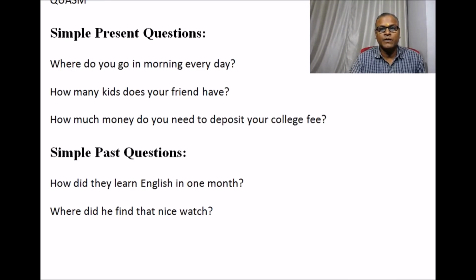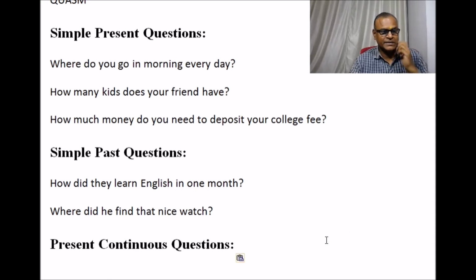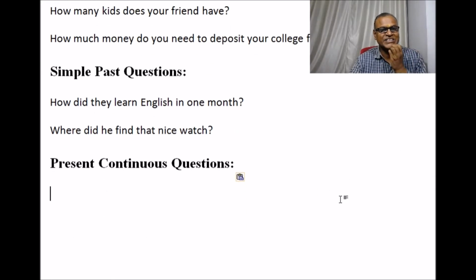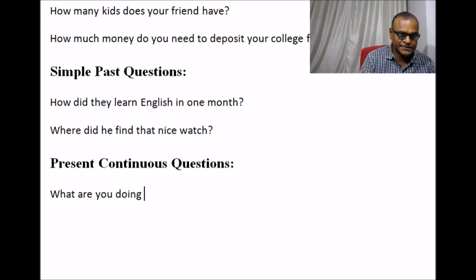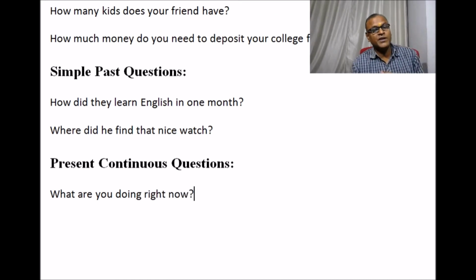Now you can make questions in present continuous, like what. SMR are the auxiliary verbs here. So what are you doing right now? What are you doing right now? आप क्या कर रहे हैं इस समय?